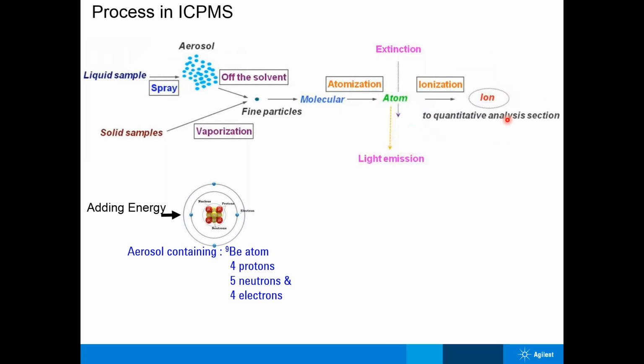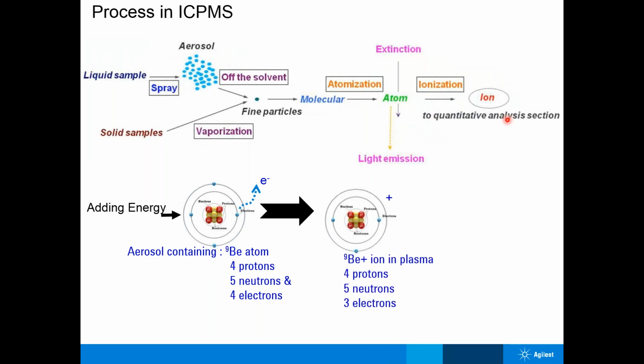We know that the number of protons is equal to the number of electrons. By adding energy, an electron moves out from the outer orbit of the beryllium and it is converted into a beryllium ion in the plasma due to the high temperature. Now you can see, because one of the electrons is removed, it gets a positive charge.